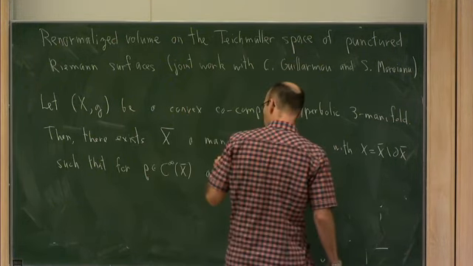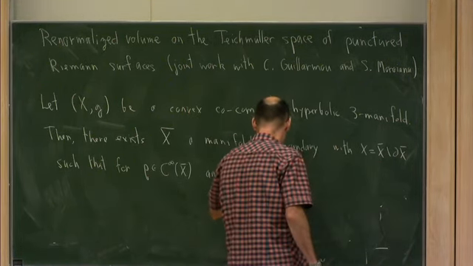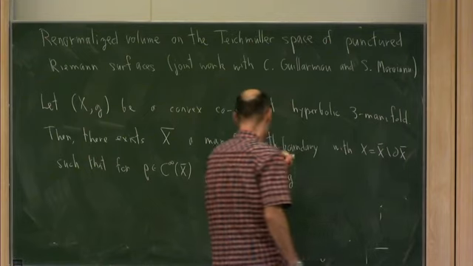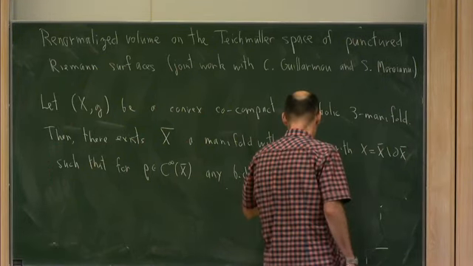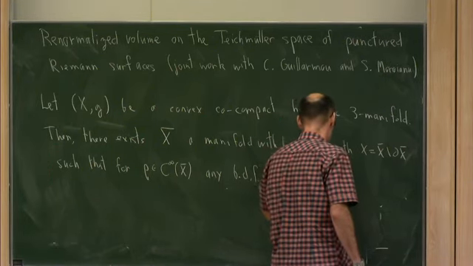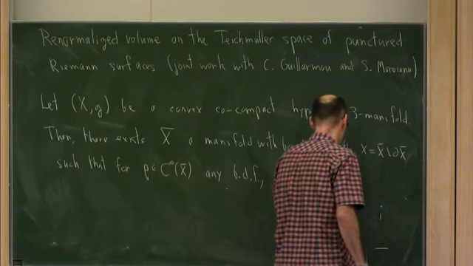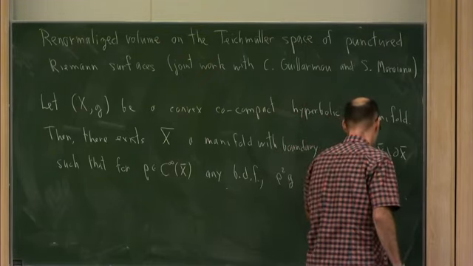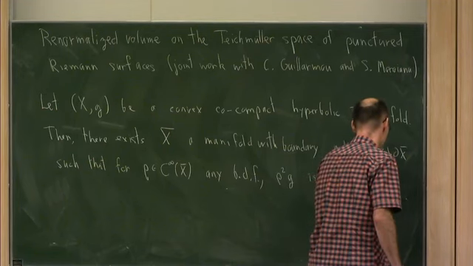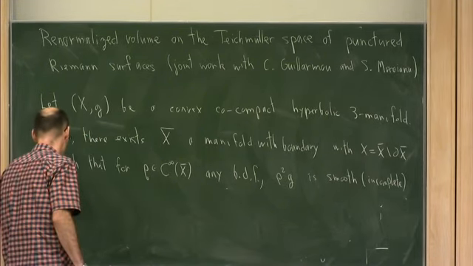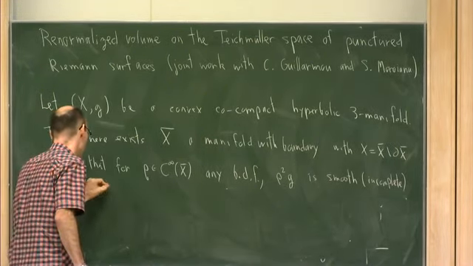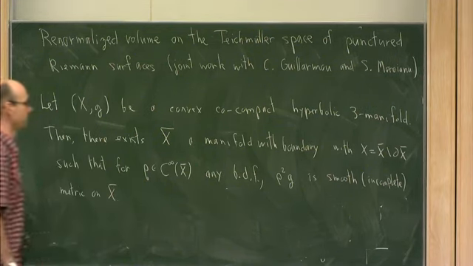So for such a boundary defining function, if I multiply my hyperbolic metric by rho square, I get a smooth complete metric on the manifold with boundary.